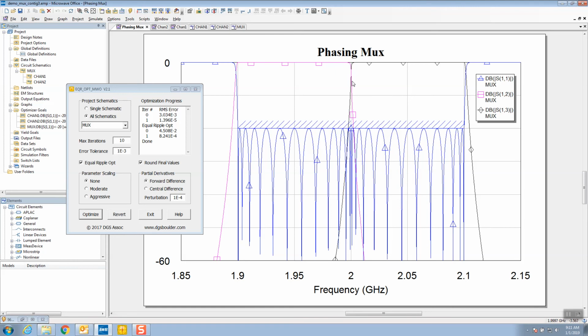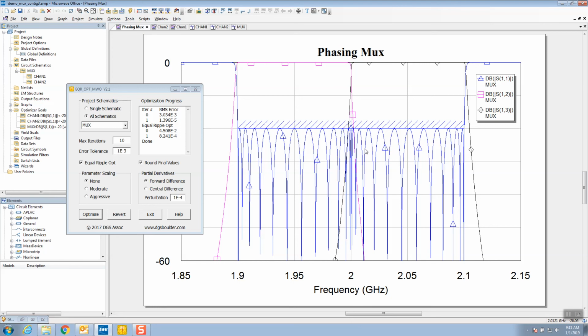And that spurious solution we find both when we're optimizing here and also when we're tuning in the lab.